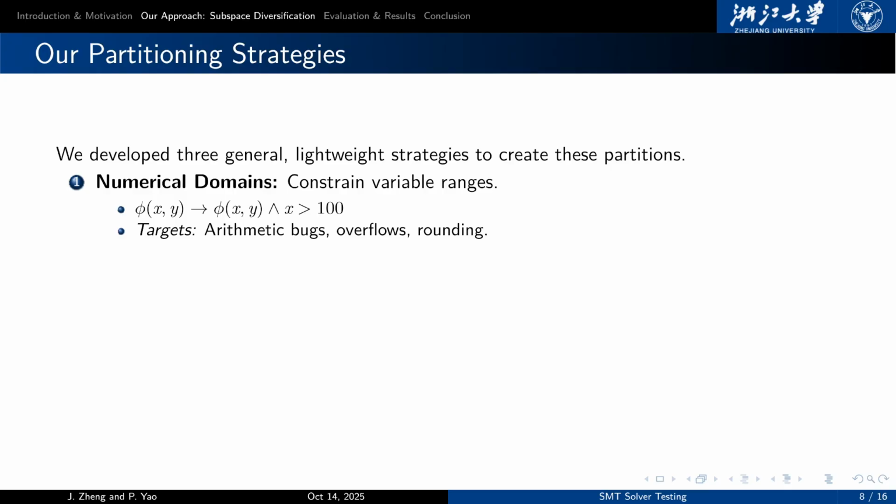We can add the constraint x > 100. This is effective for finding arithmetic bugs, overflows, and rounding errors. By doing this, we can precisely test the solver's behavior when handling boundary values, large numbers, or specific numeric relationships.